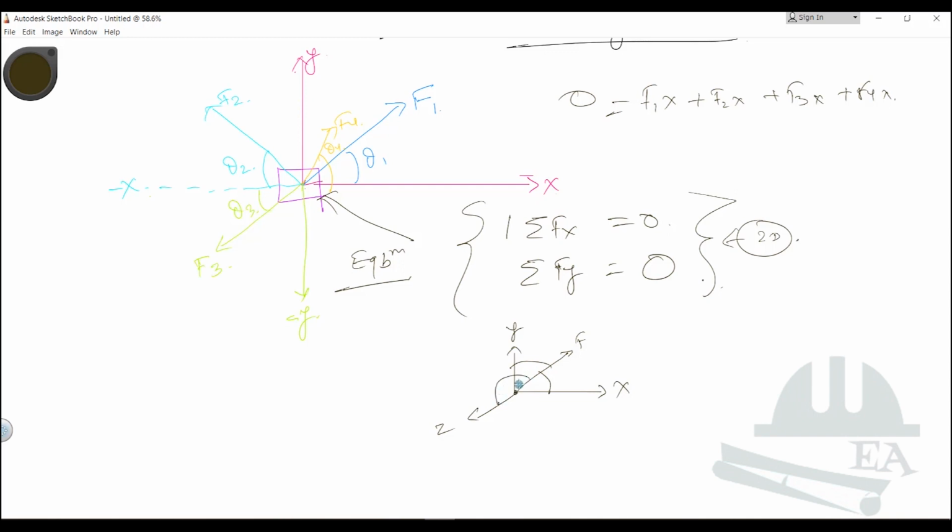For any body to be in equilibrium, the summation of Fx must be equal to 0, the summation of Fy must be equal to 0, and the summation of one more coordinate, z, must be equal to 0.